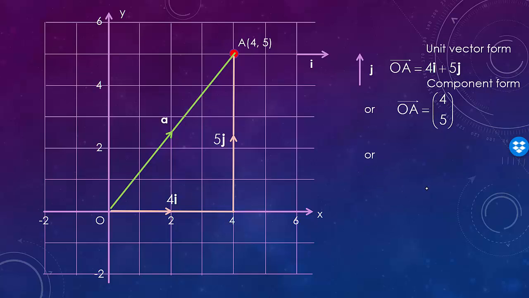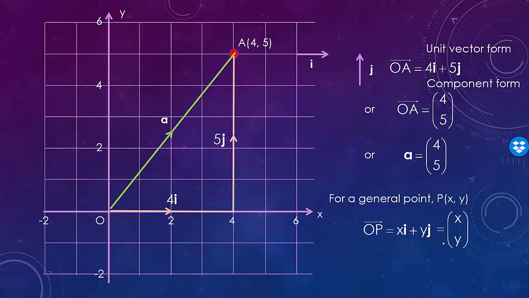So we could also represent that as a is the column vector (4, 5), and of course a = 4i + 5j could also be written. For a general point P with coordinates (x, y), OP is equal to xi + yj, or in component form (x, y).